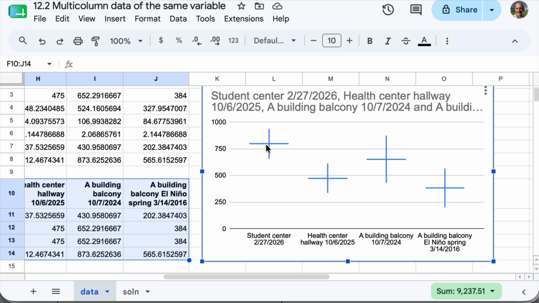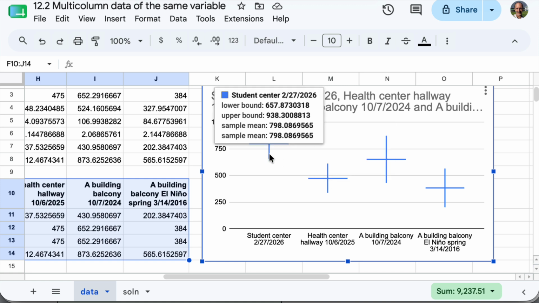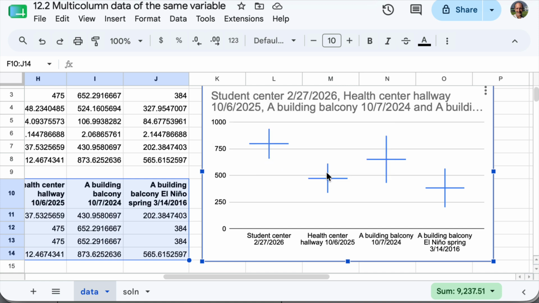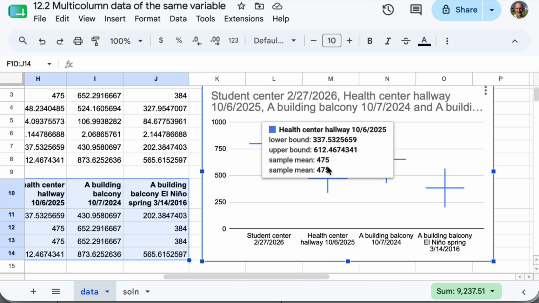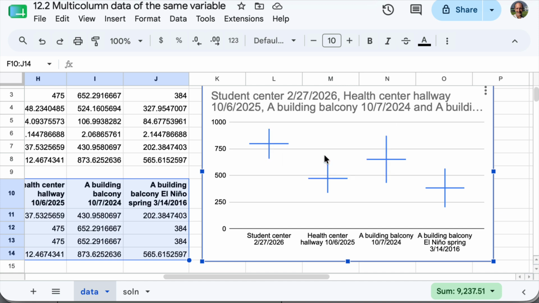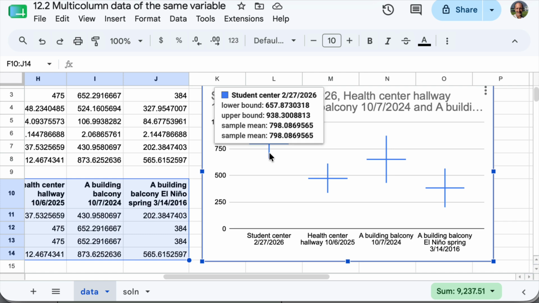Where these lines do not overlap the other means, like in this case, there's no overlap between this line and this line. This means that you've got a lower bound here of 657, you have an upper bound of 612. 612 is less than 657.